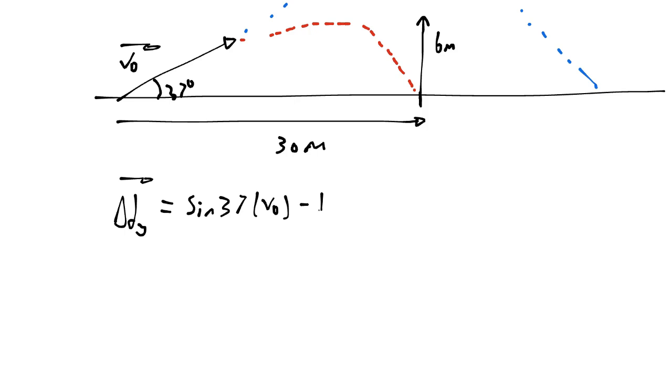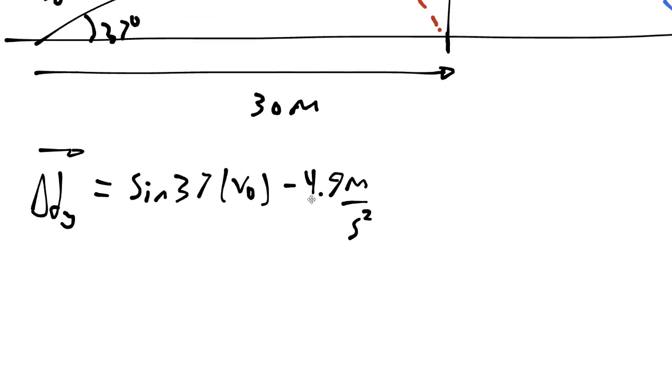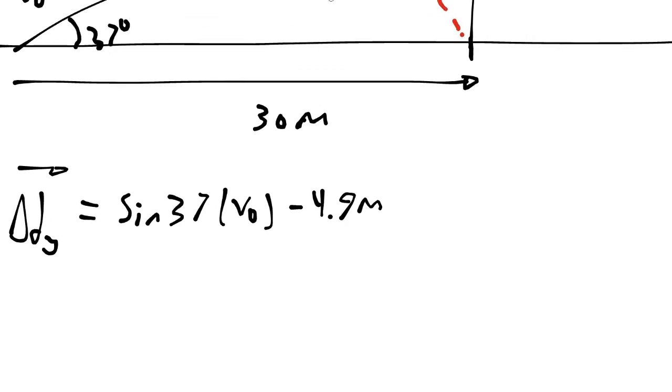So 4.9 meters a second squared. Actually, hold up, I made a mistake here. So it's v naught times delta t, subtract 4.9 delta t squared.